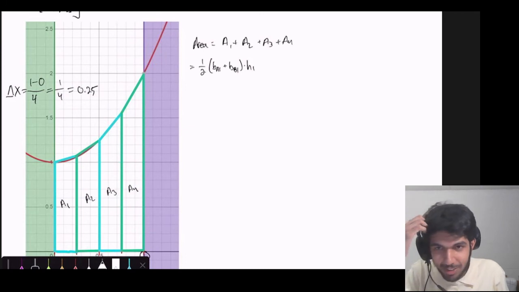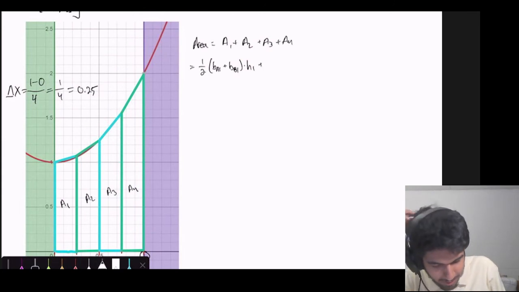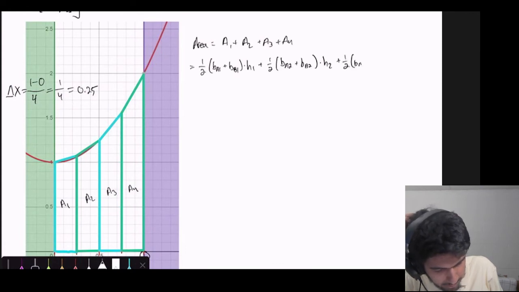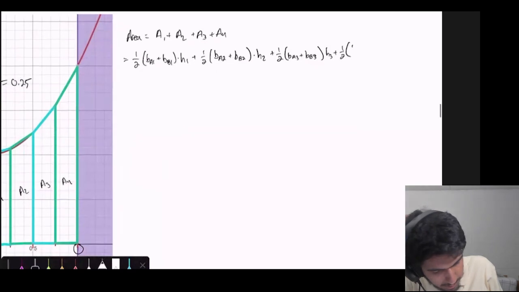So a and b are going to be two bases, and then the number will denote which trapezoid we're looking at. So for the second one, it'll be 1/2 (ba2 plus bb2) times h2. And then same thing carries here: h3 plus 1/2 (ba4 plus bb4) times h4.